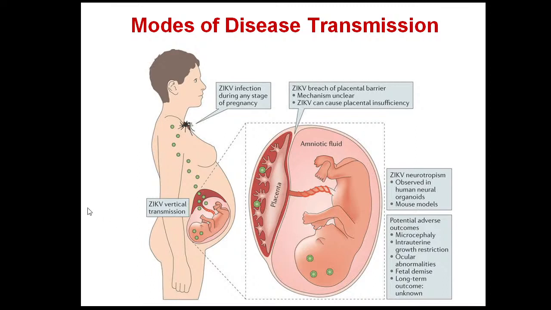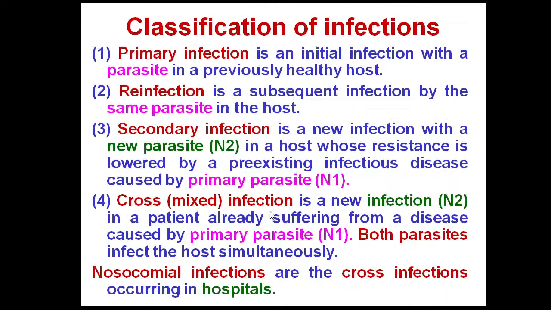Zika infection is a vector disease transmitted by the vector, but if it occurs within the first trimester of pregnancy, Zika virus may enter through the placenta to the fetus, and it may cause microcephaly, intrauterine growth restriction, ocular abnormalities, fetal demise, long-term outcome unknown, right? So that is a very severe infection.